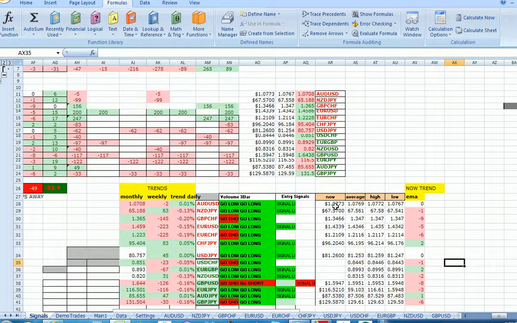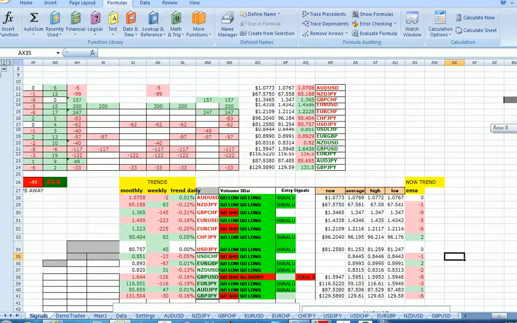If you're going short you want the opposite. So it's just using the broker spread money, trading the plus and minus 0.0113.